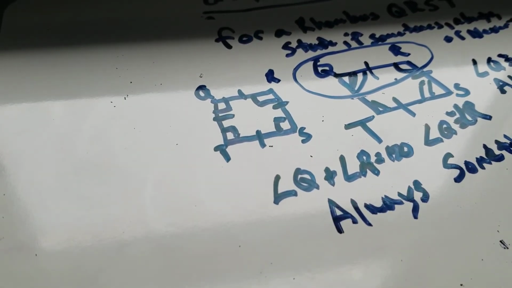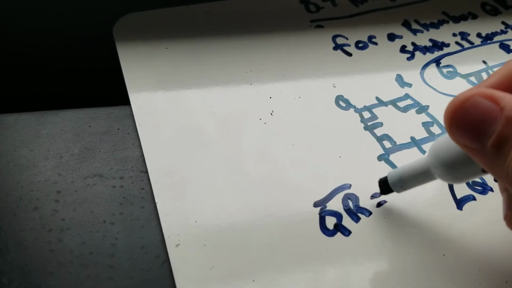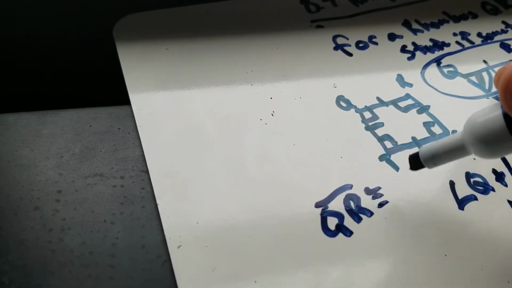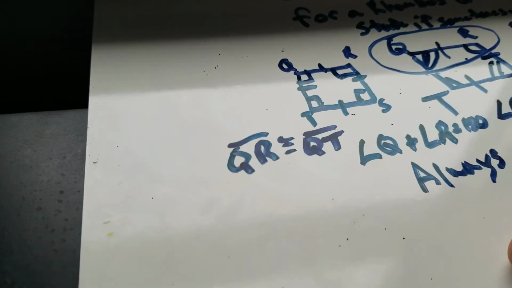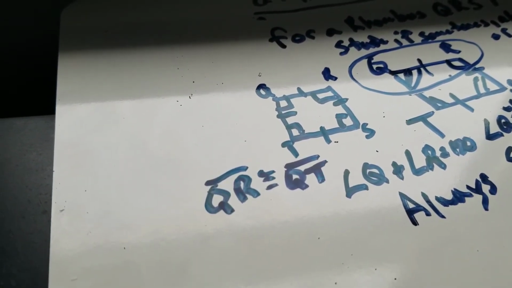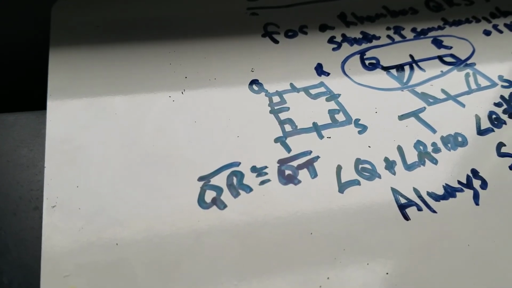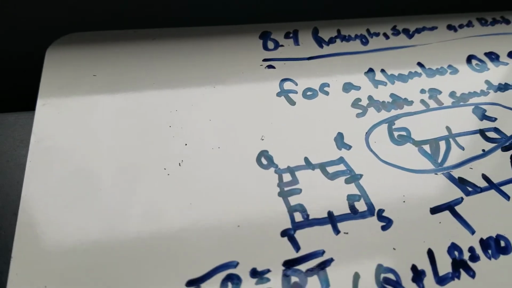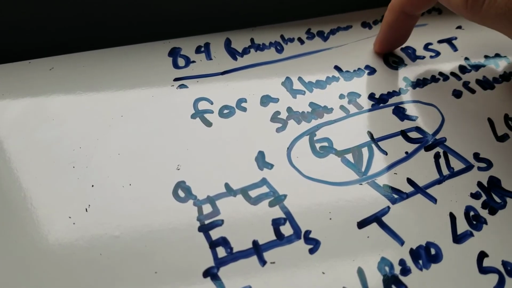And let's do one more. Let's do line QR is congruent to line QT. Again, we're talking about a rhombus here. By definition, in a rhombus, all the sides are equal. It's equilateral. So by definition, we know for a fact, the fact that I just said this is a rhombus, you know all the sides are equal.